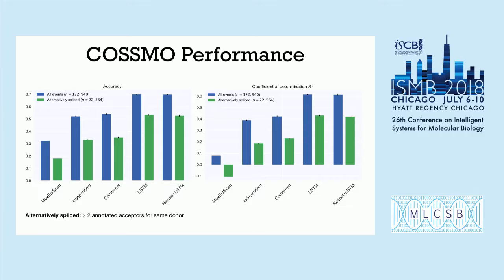And the green bars are the performance on only those events where we have 2 or more annotated splice sites. So those events are quite a bit harder to predict, and you can see that all the models' performance suffers here. And in fact, you can even see that for MaxEntScan, the R-squared on the alternatively spliced subset becomes negative, which means it performs worse than predicting a uniform distribution.